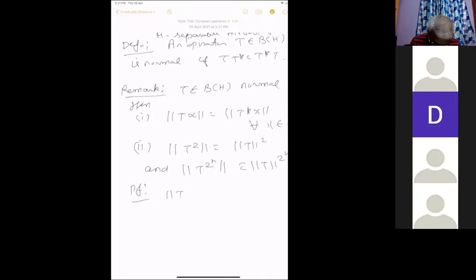So norm Tx squared, of course, you should consider. Sir, the edge of your page is not visible. The edge of my page is not visible? For example, yeah, maybe I don't know why. For every x in H, that H is not visible.